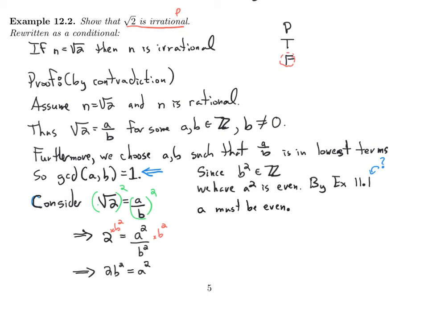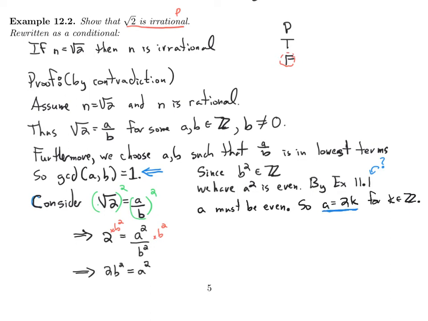So we can write a as 2 times k for some integer k. Okay? So that's key for us here. A is indeed even.